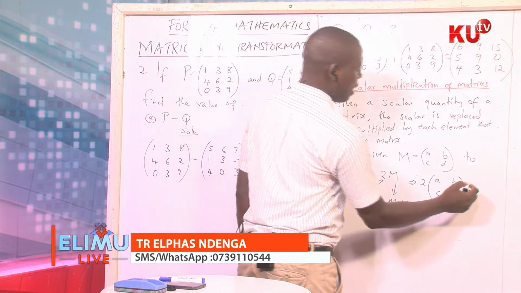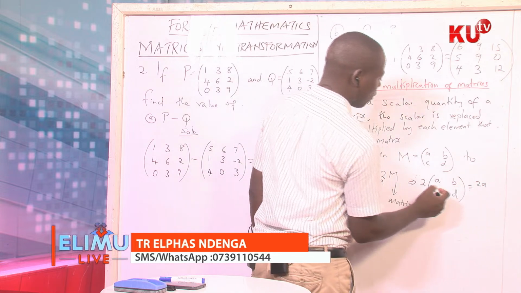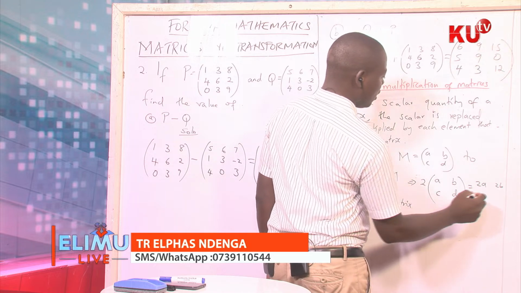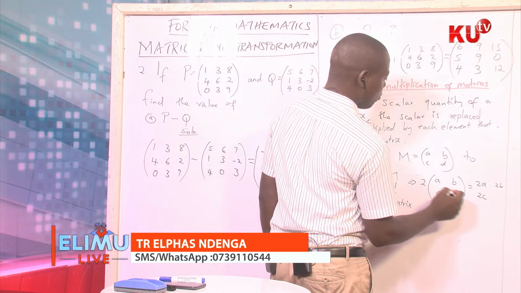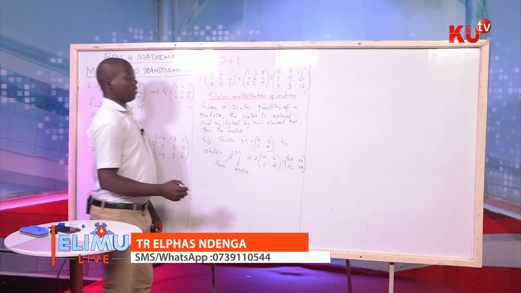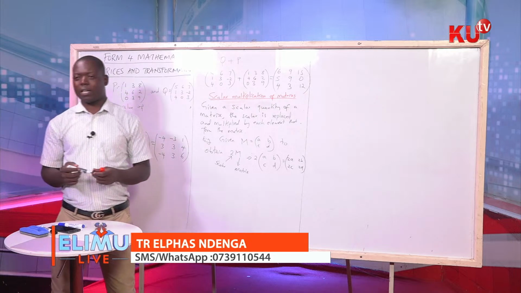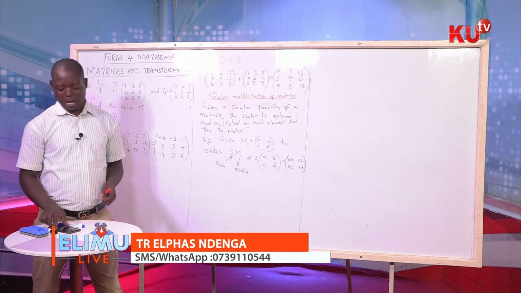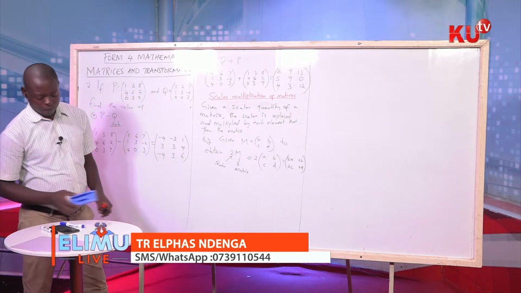So 2 by A, 2A, 2 by B, 2B, 2 by C, 2C, 2 by D, 2D. That becomes our result out of applying the scalar to that particular matrix.